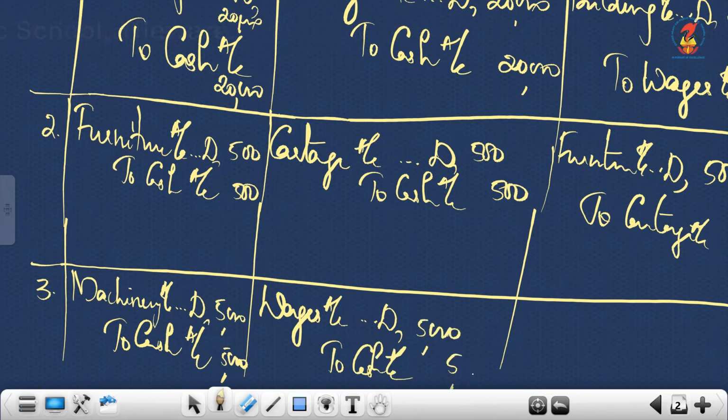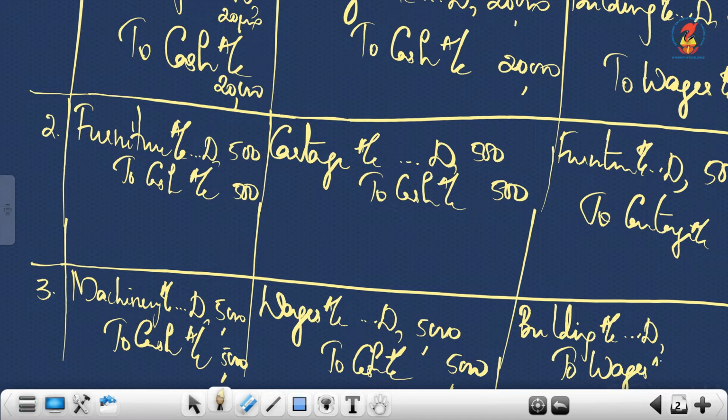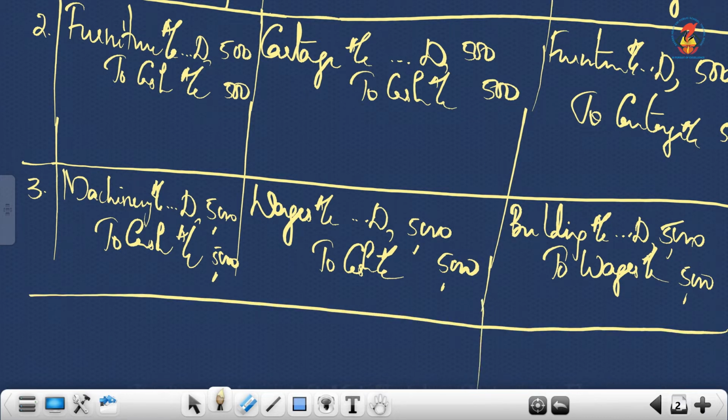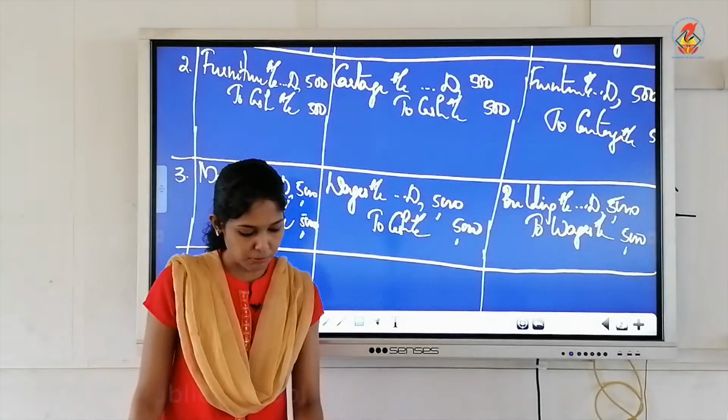The rectification part you can answer now, that will be building account debtor to wages account, 5,000. Okay, building debtor to wages, that's the answer, I mean the rectification part.